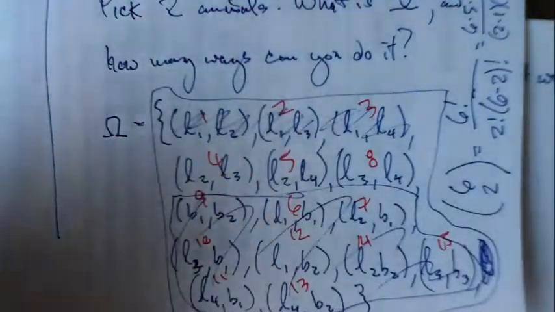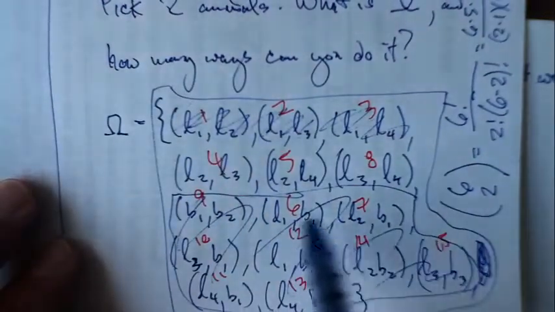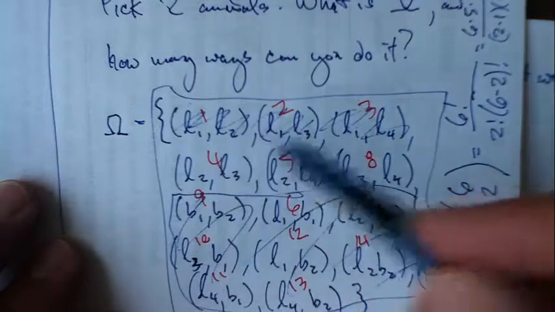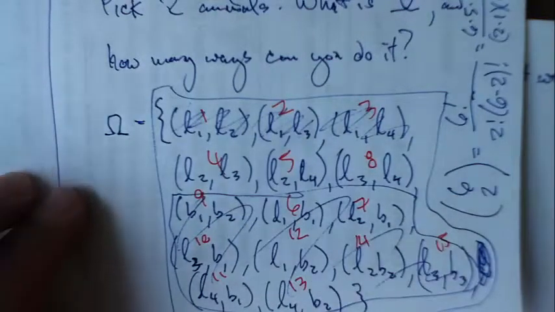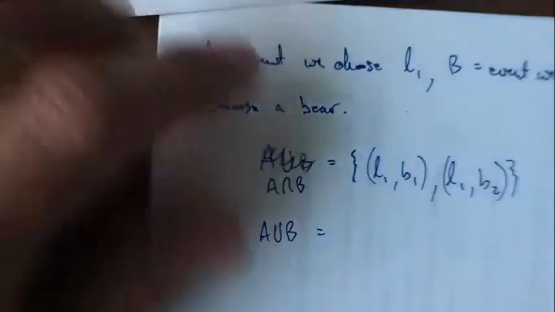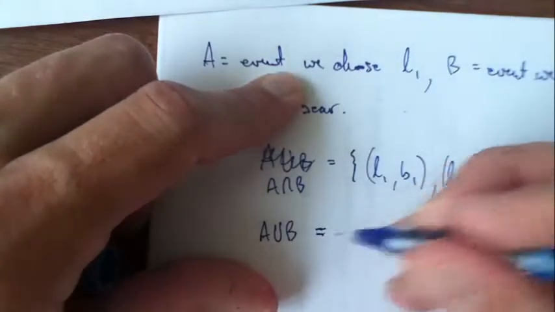So here's a way I could write that really quick, because I don't want to write all 12 little outcomes. I'm lazy. Mathematicians are lazy, and they strive to be very efficient.